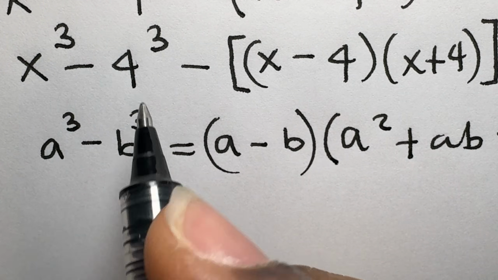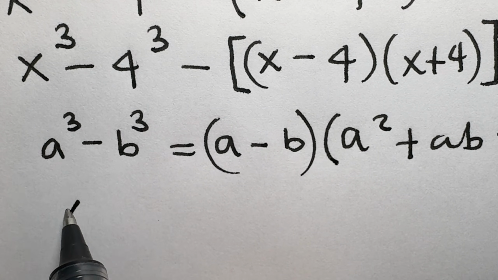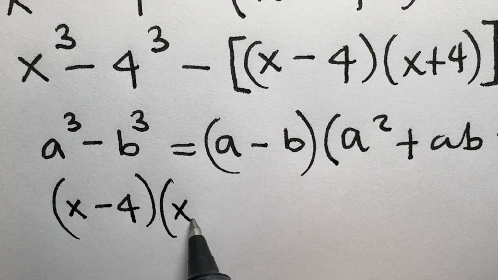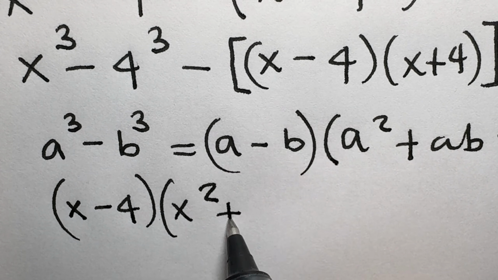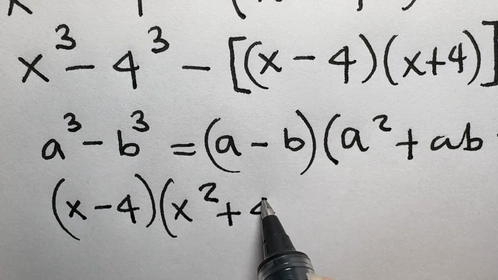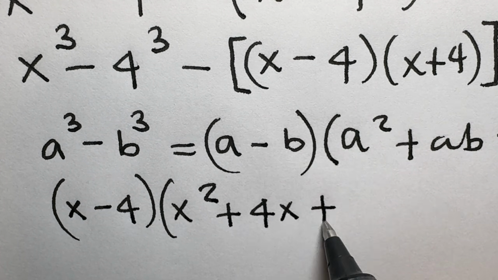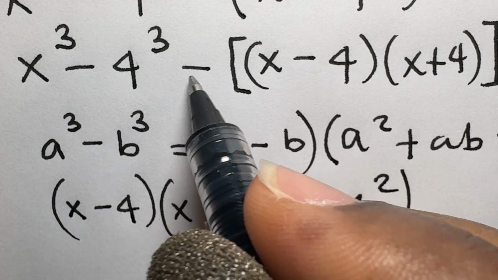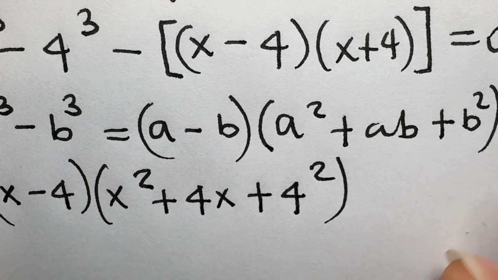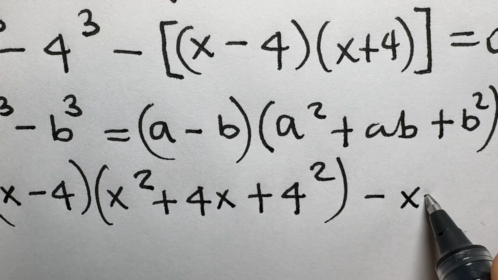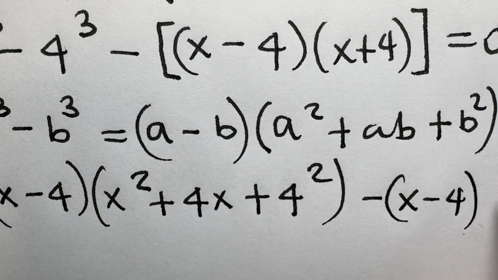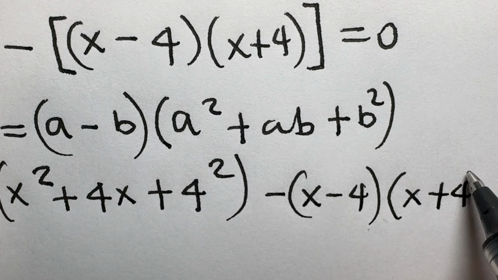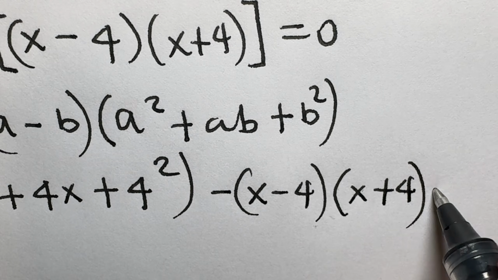So it means this part becomes x minus 4 into x squared plus 4x plus 4 raised to power 2, now minus all of this, so minus x minus 4 x plus 4, and this is equal to 0.